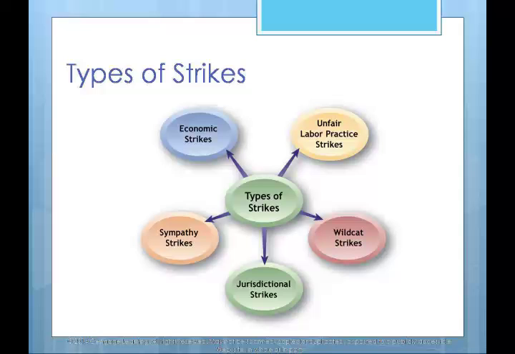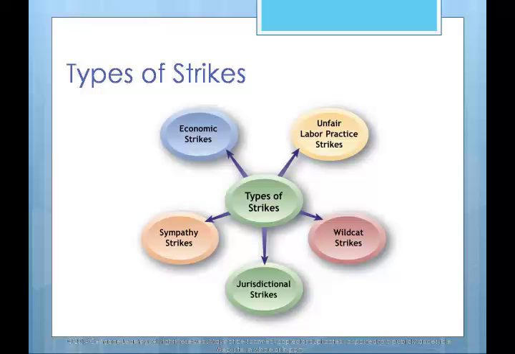Strikers can get discharged or disciplined. And then a jurisdictional strike exists when members of one union walk out to force the employer to assign work to them instead of to members of another union. And then sympathy strikes take place when one union chooses to express support for another union involved in a dispute, even though the first union has no disagreement with the employer.